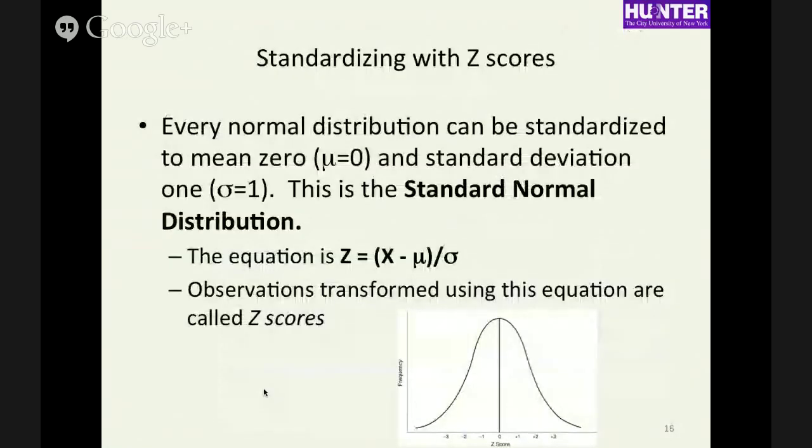Yeah, so this standardization with the z-score, it converts any normal distribution to the standard normal distribution. To the normal distribution that has mean 0 and standard deviation 1. But it doesn't make some distribution that is not normal into a normal distribution.